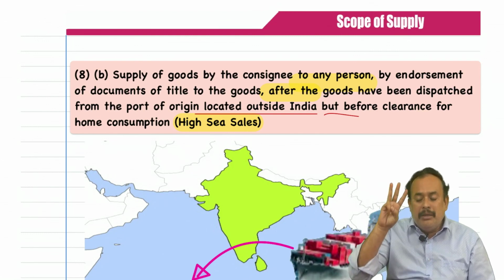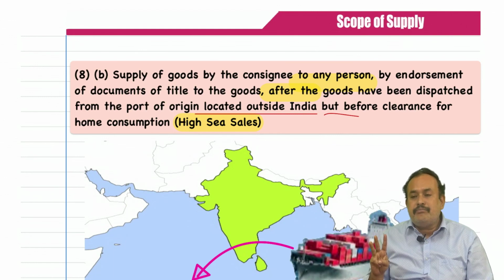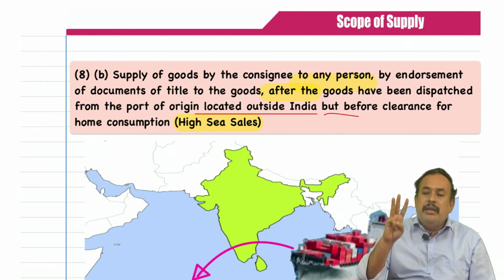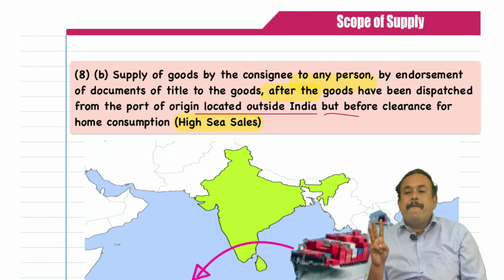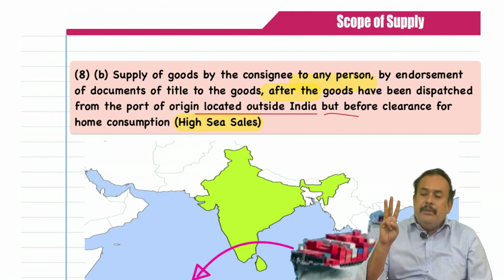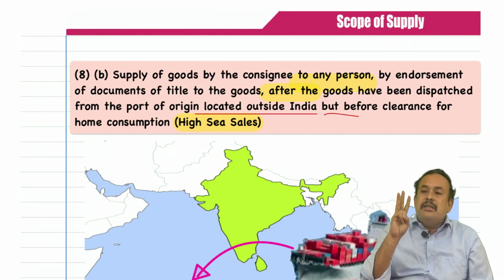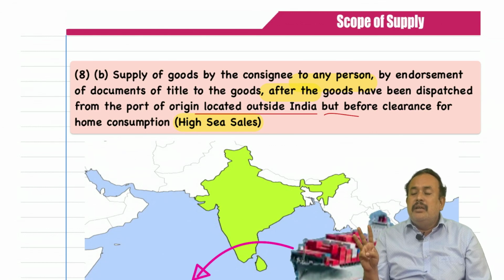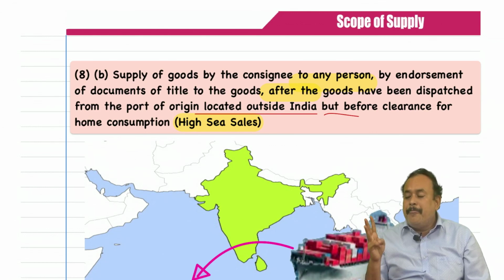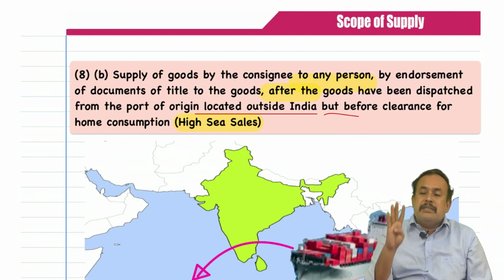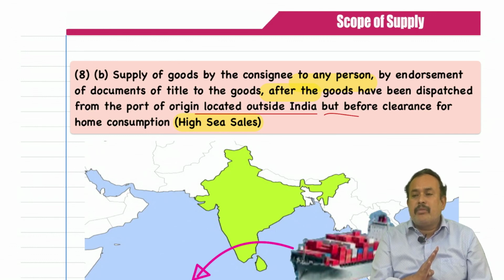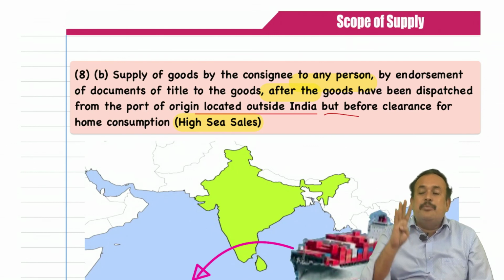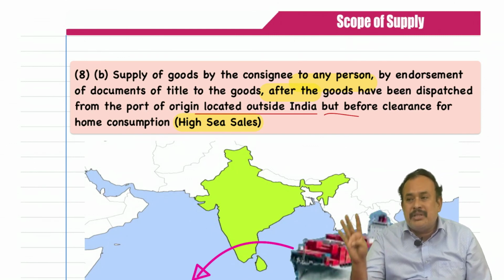Point number 3: sale of land and building, not a supply. 4: services provided to a deceased person, in relation to a deceased person, not a supply.